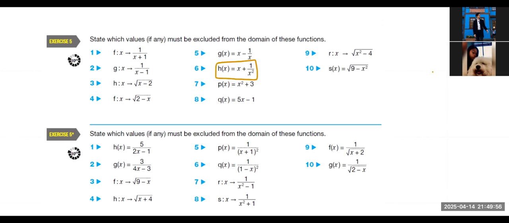What about this one? Still 0. Exactly. What about this one? Remember, the inside of a square root has to be more than or equal to 0. So can you solve that inequality and tell me the range of x that it has to be?